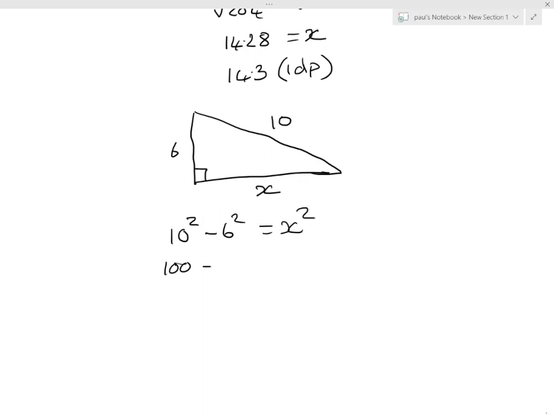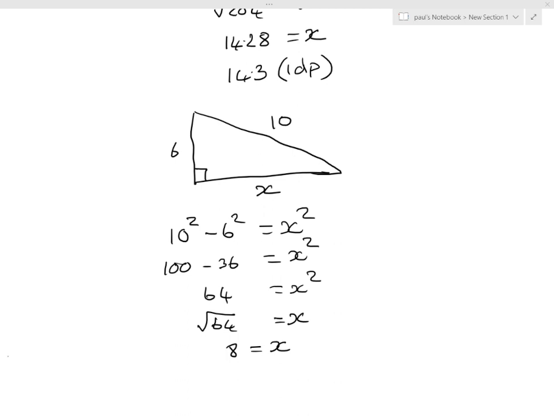So 100 minus 36 equals x squared. 64 equals x squared. And the square root of 64 equals x, which is 8 equals x. 8 meters, 8 centimeters, 8 whatever it is.